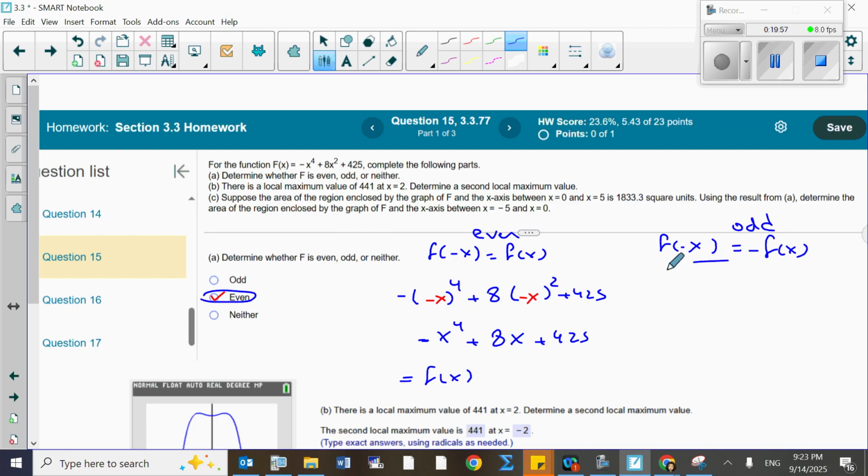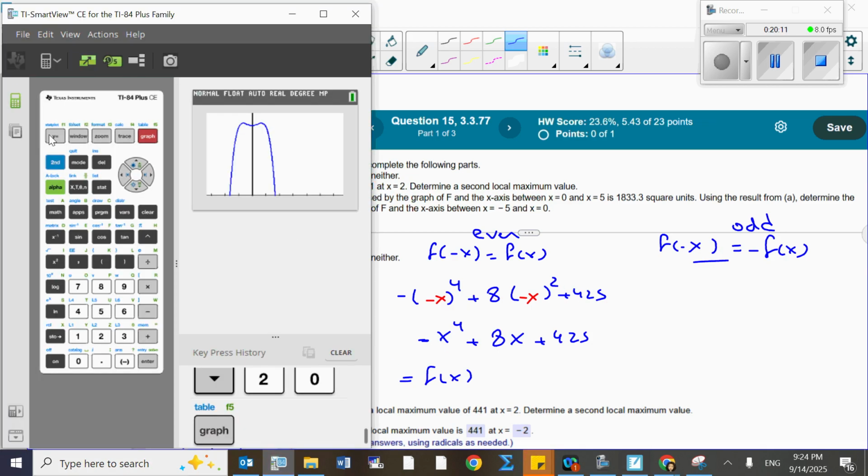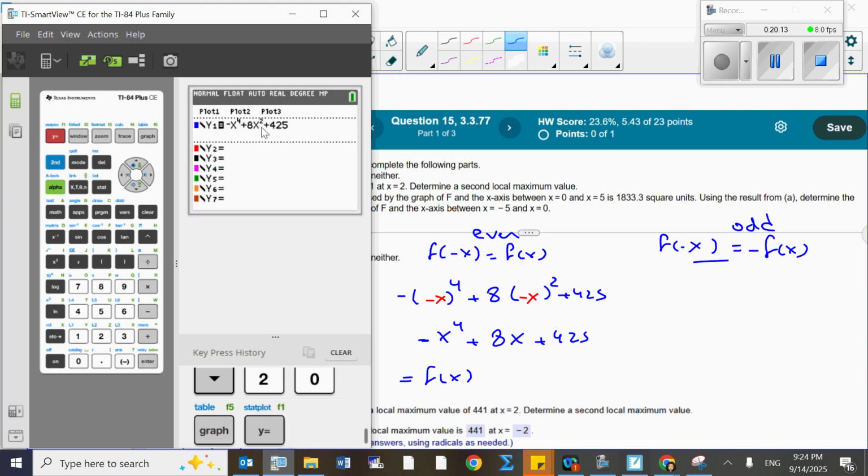There's another way to check if this is an even or odd function, and that is graphing my function. So I'm going to graph this function and show you how it works in that way. So here's my calculator. I entered this function into my calculator. Notice that here I have a big number, 425. This is the y-intercept of the function.